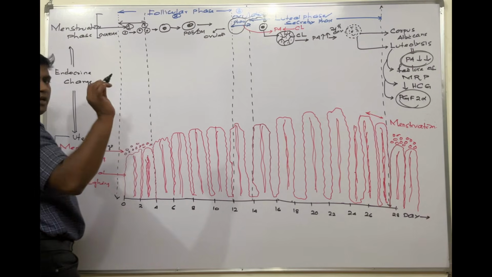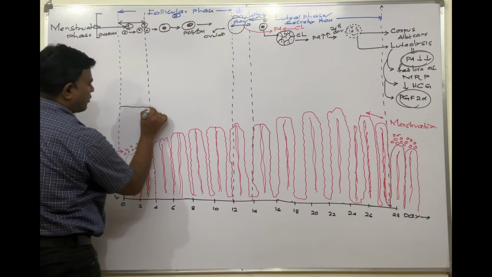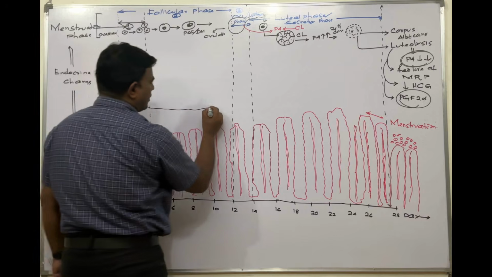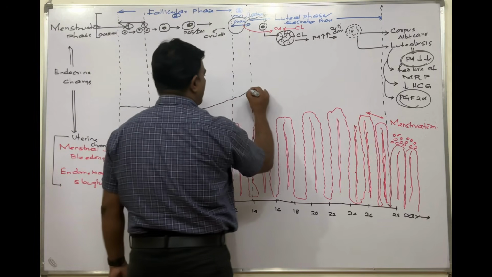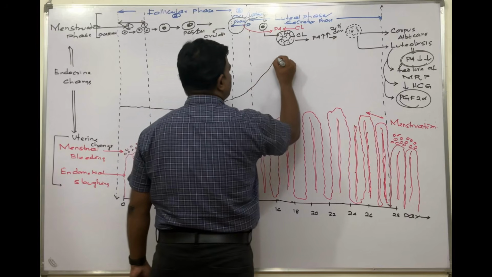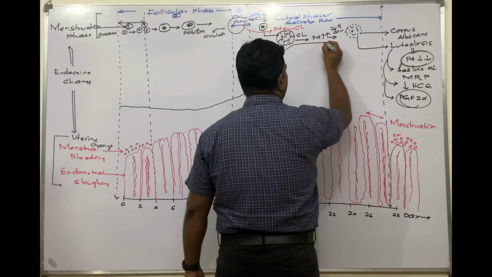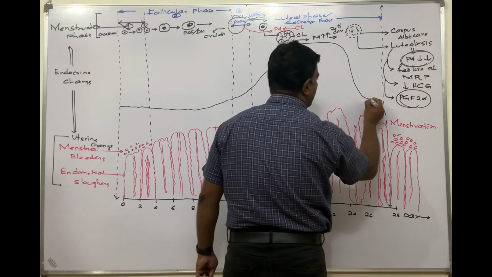I am drawing the diagram of progesterone. See where the progesterone is: low level up to here, a little bit of increase as the corpus luteum is formed, and you can see here the progesterone going to a top increase up to day 24, then it will come to the basal level.